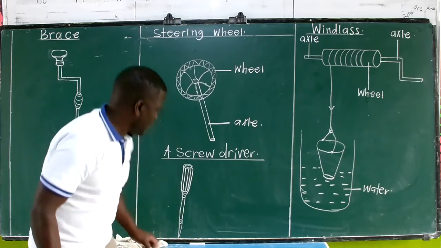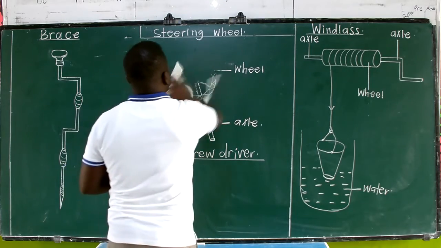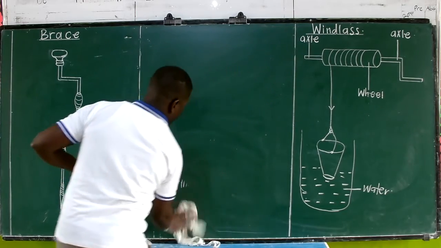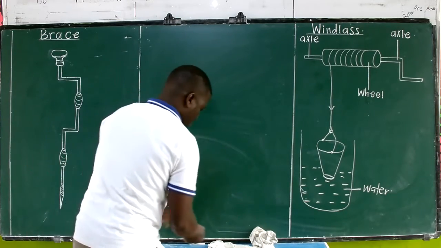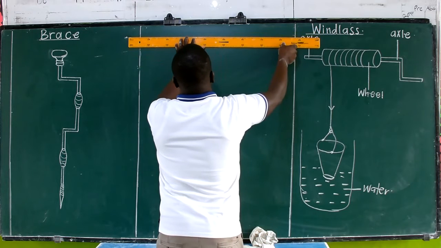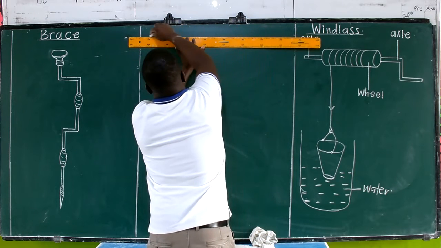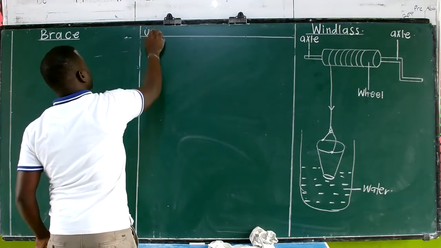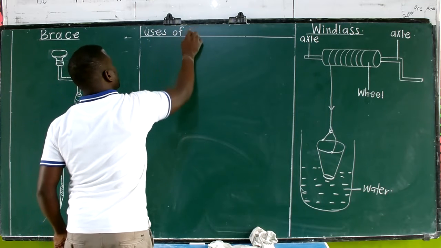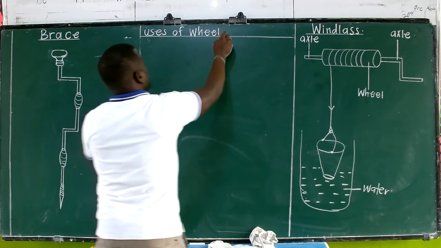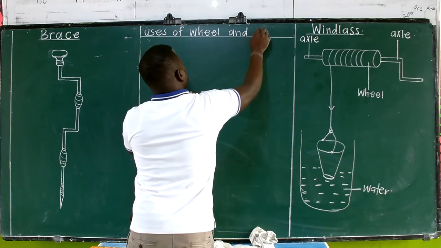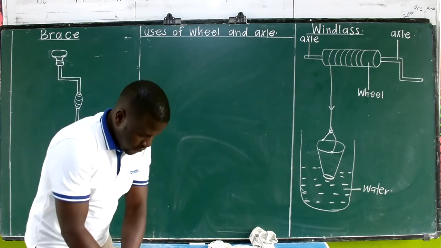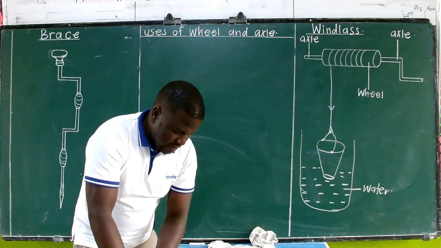We look at uses of wheel and axle. Now, we shall begin by looking at the windlass.